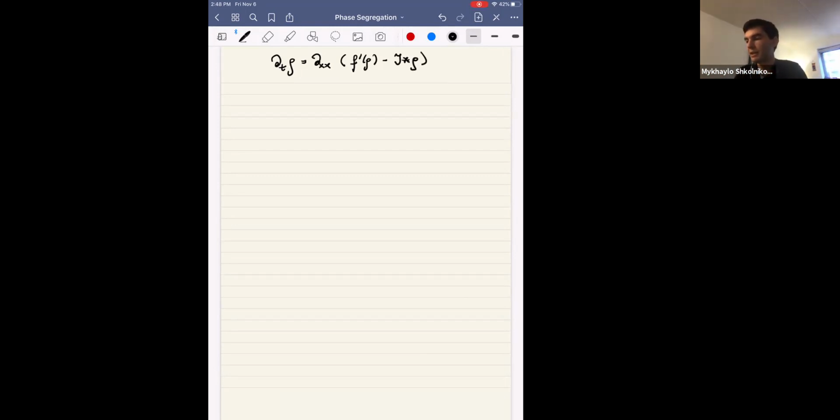So you have the second term appearing, which is a convolution of the unknown function rho, the solution, with some kernel J. And so J for us, and in the model, is a non-negative kernel. It will integrate to 1.